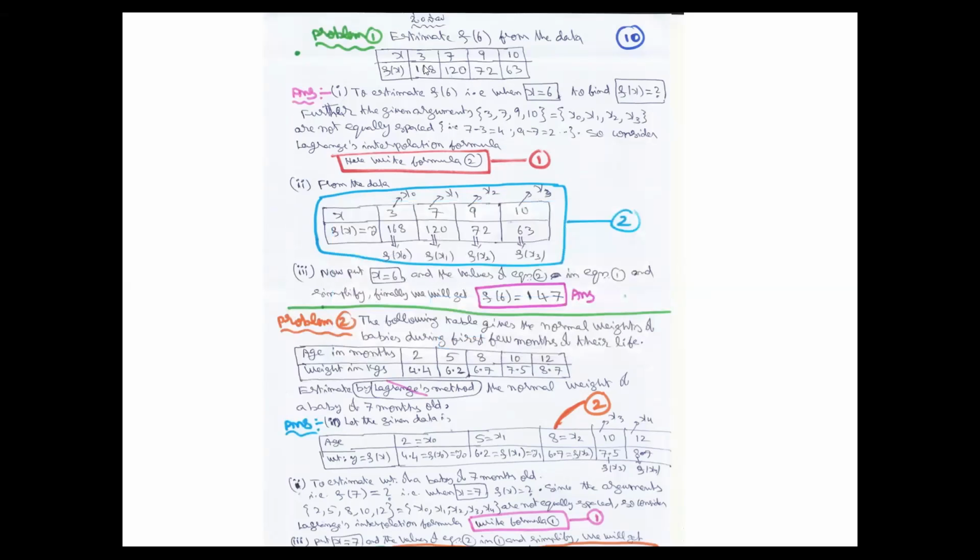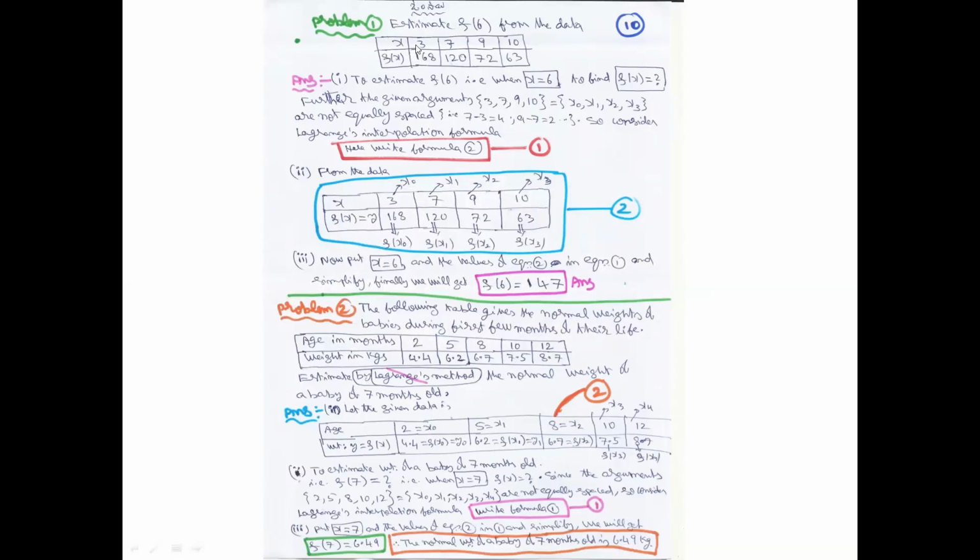Here, see the argument. X is equal to 3, 7. Take the difference: 7 minus 3 is 4, 9 minus 7 is 2. So they are not equally spaced. So we have to use Lagrange's interpolation formula.